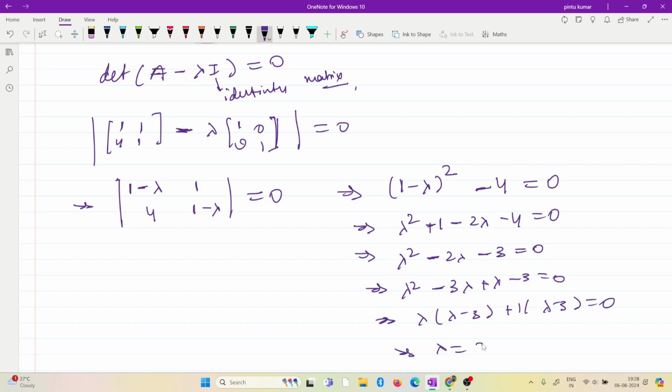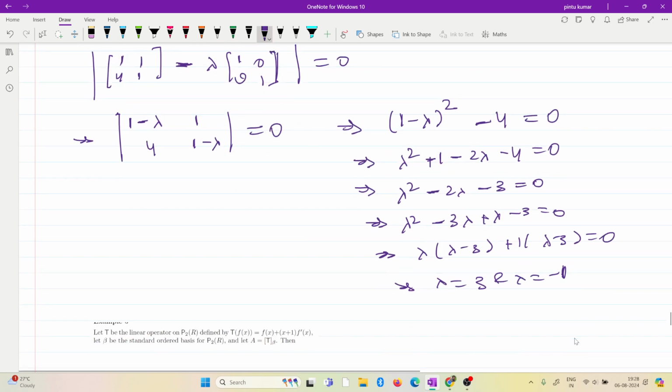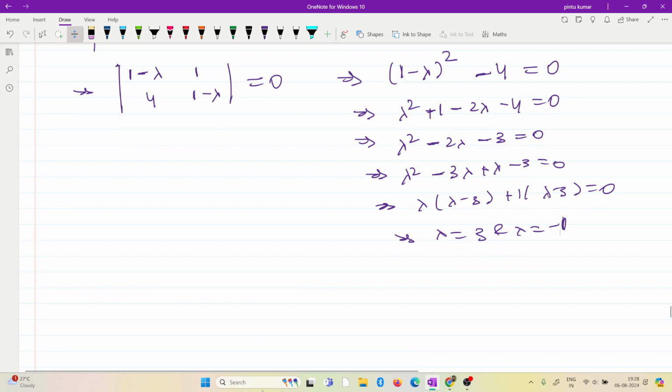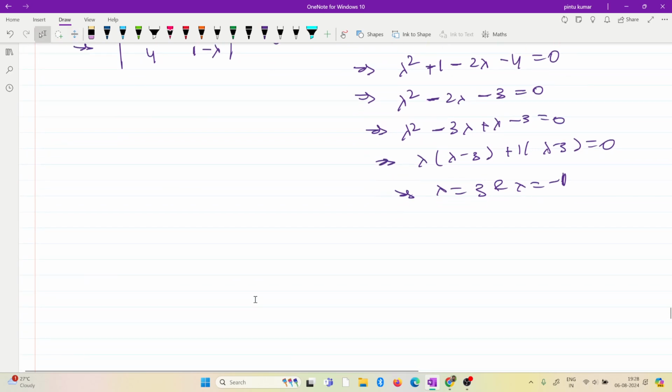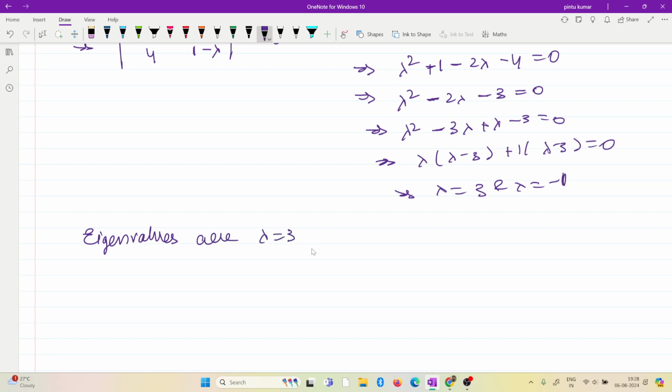This means lambda is equal to 3 and lambda is equal to minus 1. So we have obtained our two eigenvalues, which are lambda is equal to 3 and lambda is equal to minus 1.